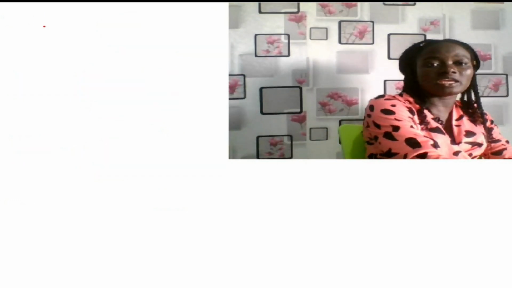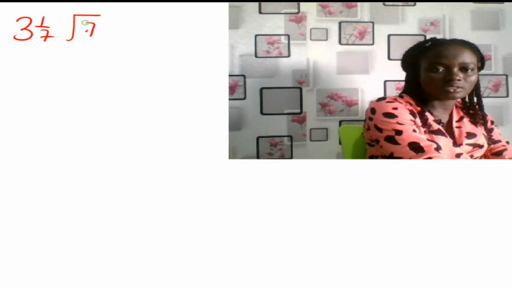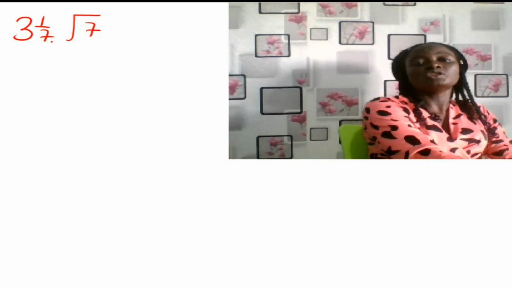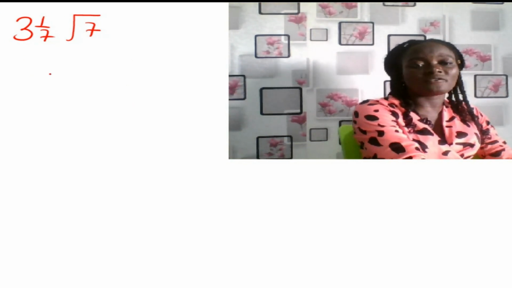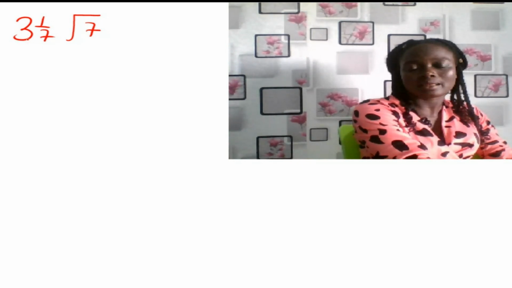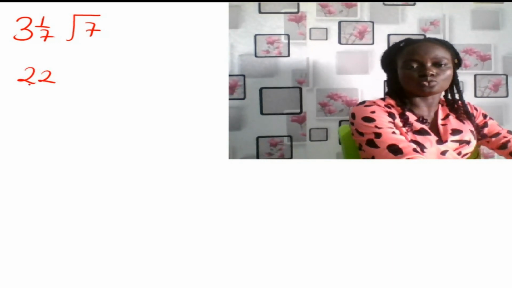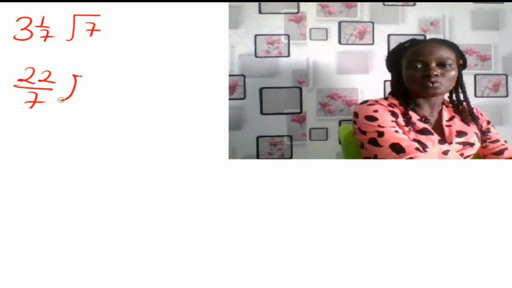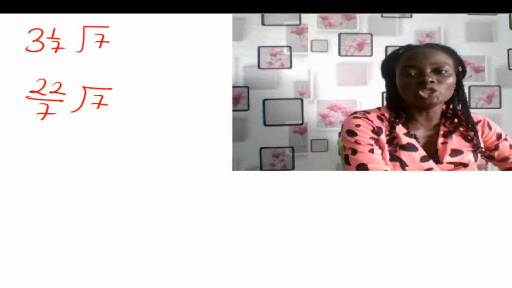Then this will give us 3 whole number 1 over 7 root 7. Okay, so changing this mixed fraction into improper fraction will give us 7 times 3 gives us 21 plus 1 will give us 22 over 7 root 7. So this will give you the final root.